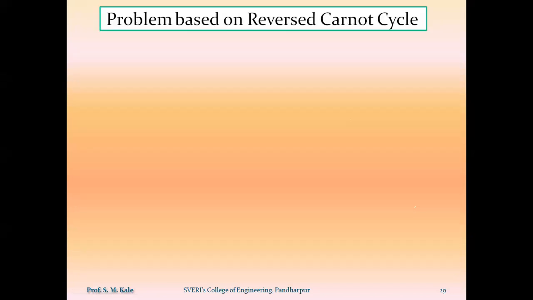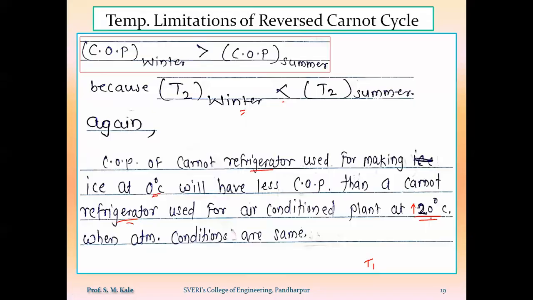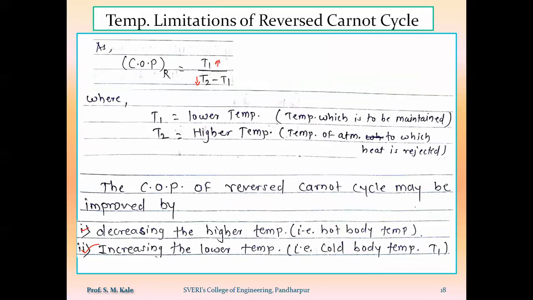Now, though we are saying that the COP of the reverse Carnot cycle depends upon only two parameters, T1 and T2, and there are chances of increasing the value of COP, that means whatever refrigeration system we are using, the highest possible value of COP can be obtained by using the reverse Carnot cycle.